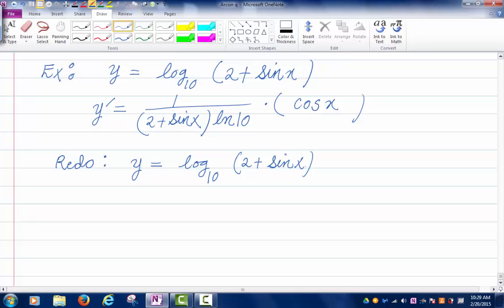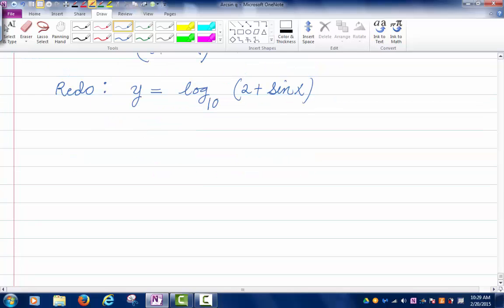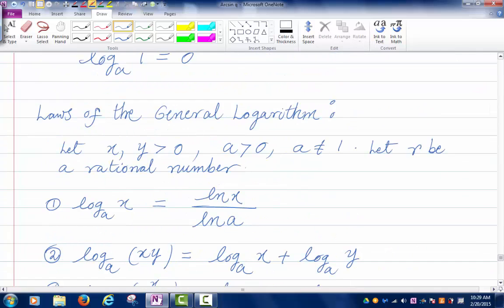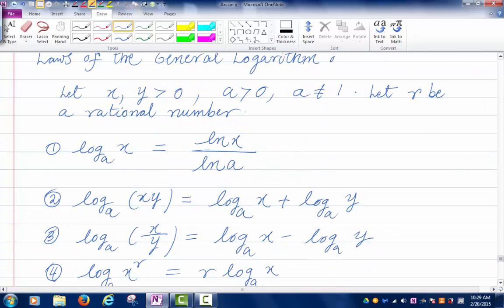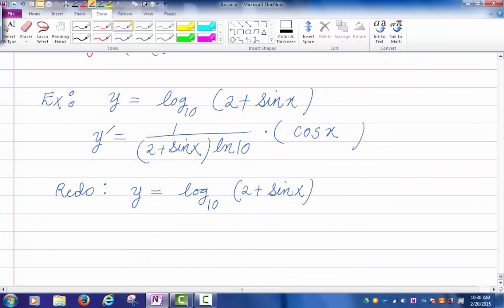It is okay to forget the derivative formula, okay? But the most important theorem that you need to remember is this first law. The first law says log base a of x is ln of x over ln of a. You have to know that. This is a very important fact to know, but it is less important to remember the derivative formula.